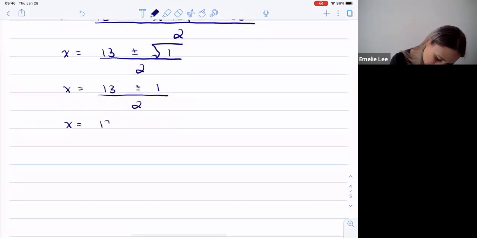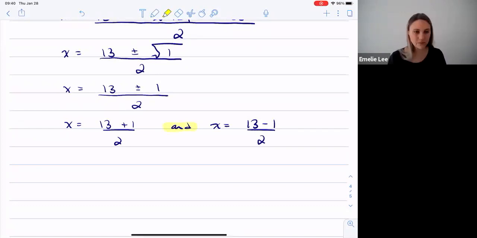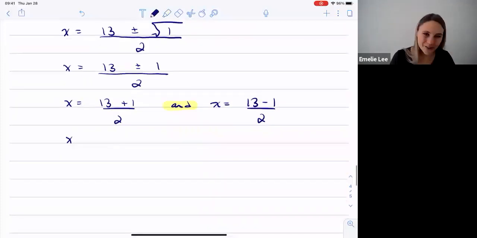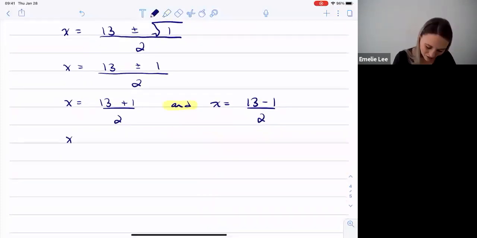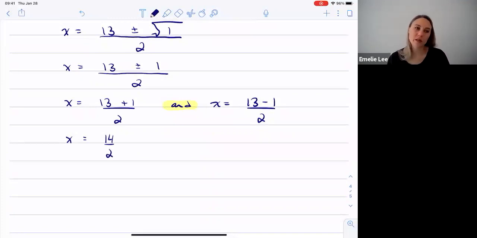So x becomes 13 plus 1 over 2, and x is 13 minus 1 over 2, right? So just make sure that you do both of them individually. Okay, so what you have, 13 plus 1 over 2, x is 14 over 2, and if you wanted to skip straight to 7, that's fine.